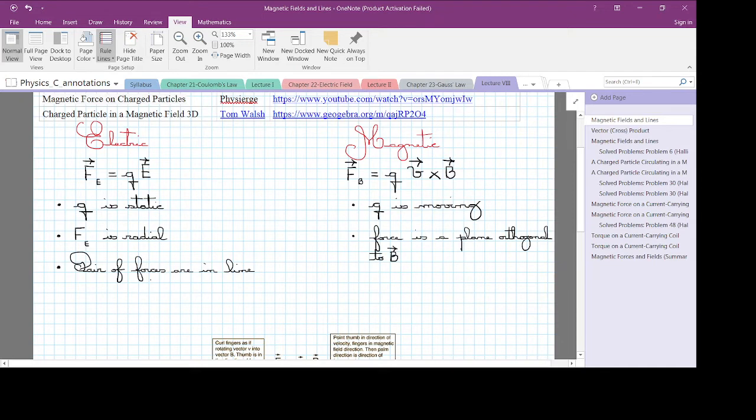In mathematical terms, the electric force F and the electric field have the same direction.